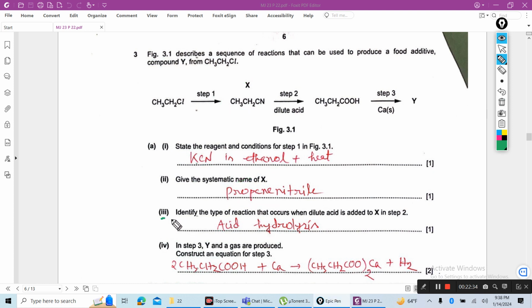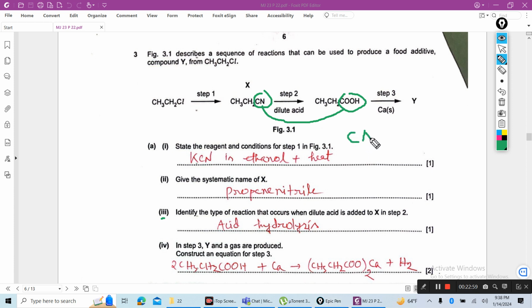Number 3, identify the type of reaction that occurs when dilute acid is added to X in step 2. Dilute acid means hydrolysis of cyanide compound. In hydrolysis of cyanide compound, CN group is converted to COOH group. This is known as acid hydrolysis.